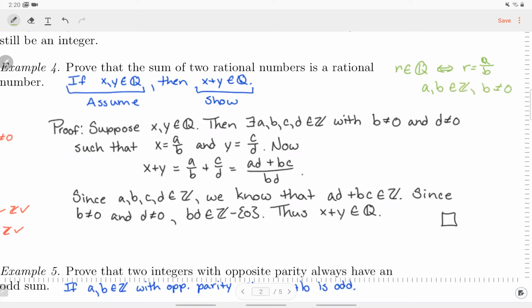So another way to say that is to say a is an integer and b is an integer take away 0. So b is any integer except 0. The set of integers removing 0. Yep. So that's how I was thinking about rational. Other questions on that one?